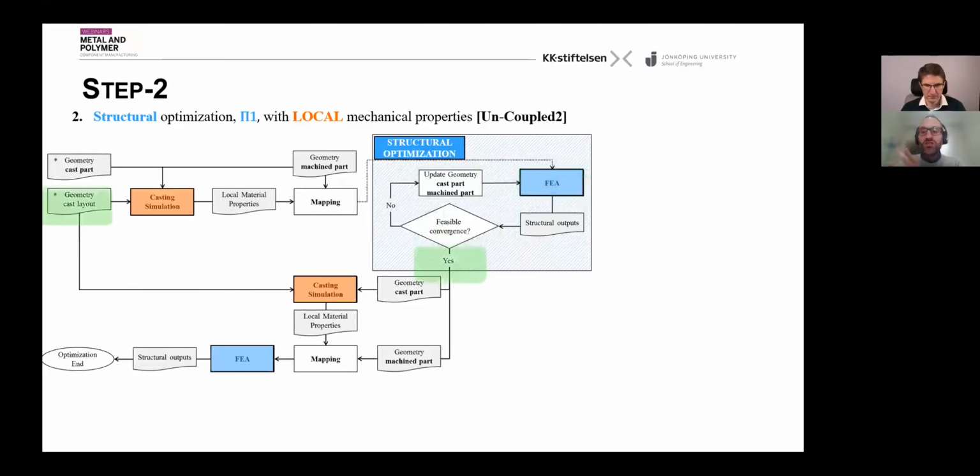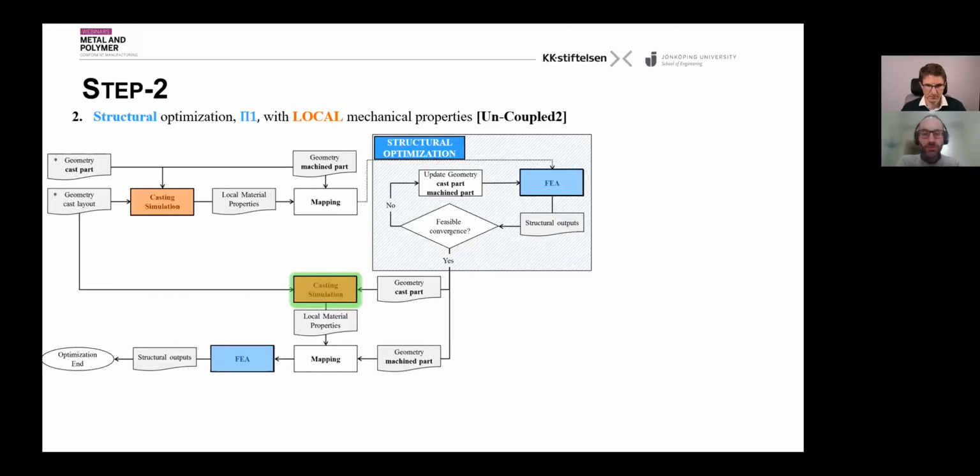So the optimization was always driven by the structural variables, but at the end of each loop, the stress output was compared to the local strength, just to see if we were okay with the safety factor.